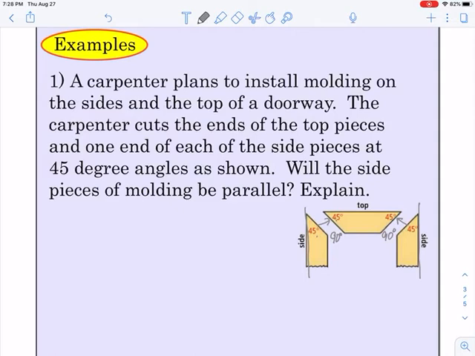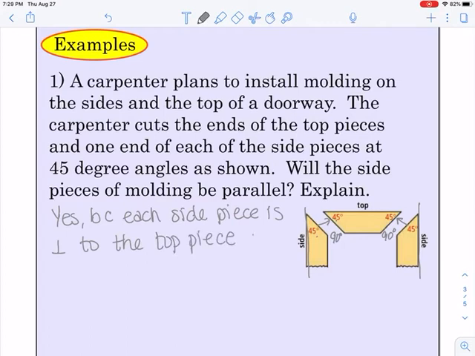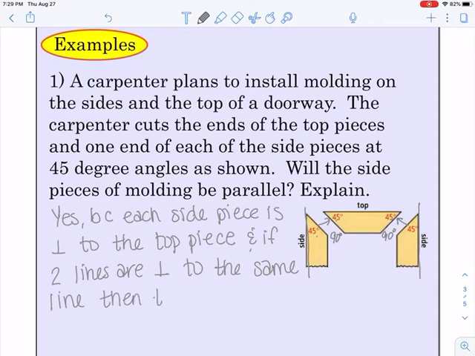And if two lines are perpendicular to the same line, then they are parallel.